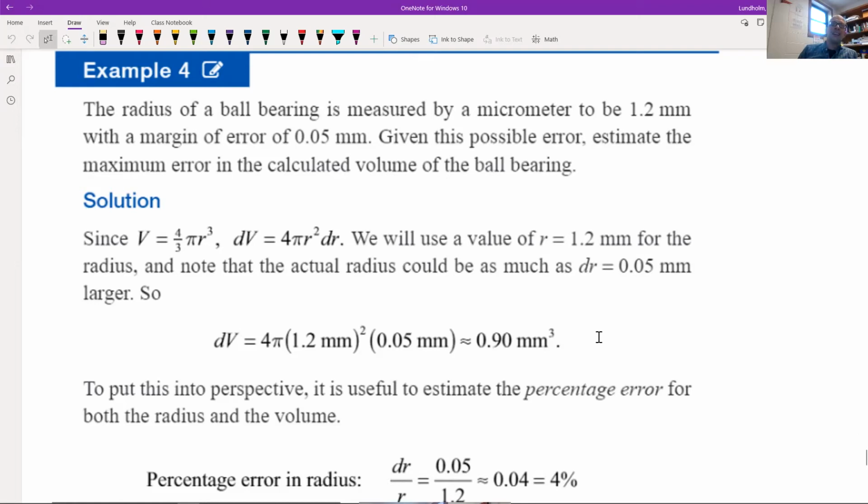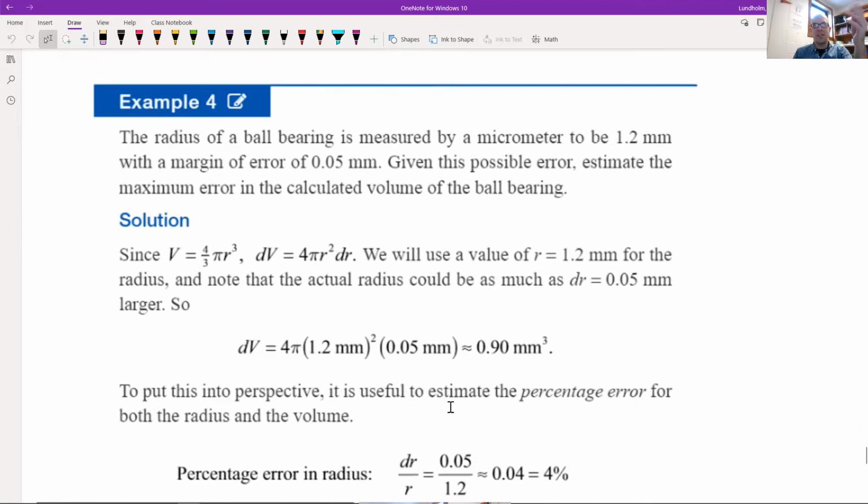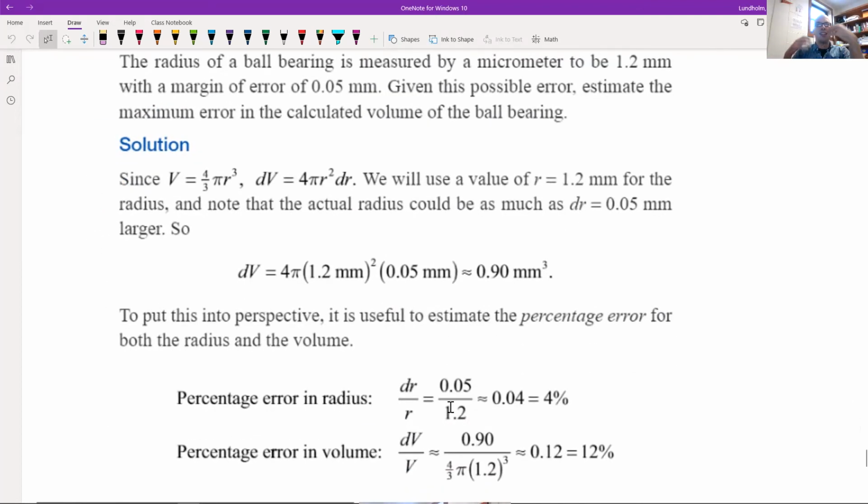To get some perspective on this, these are what we would call absolute numbers, the 0.05 millimeters or the 0.9 cubic millimeters. But it's sometimes nice to know the percentage error, so that, based on the scale, we have an idea of just about how much error is possibly there.